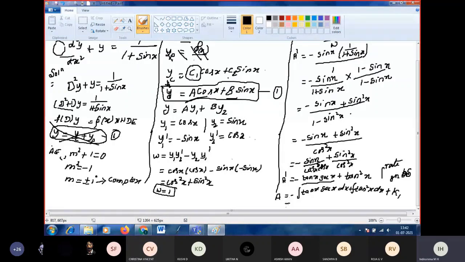As we know, integration of tan x into secant x is secant x. So here we already have minus, so minus secant x plus the integration of tan square x.